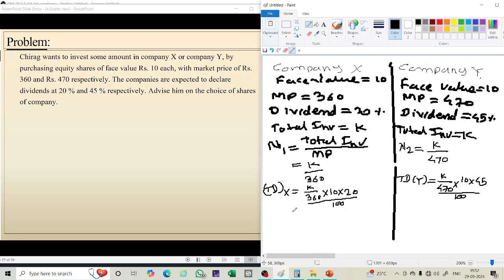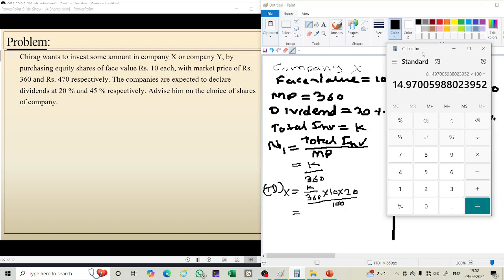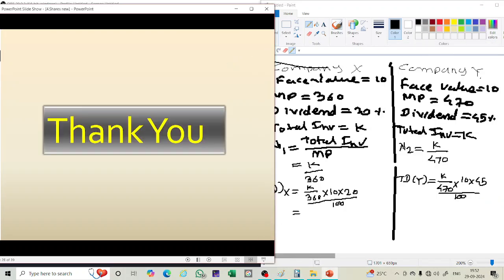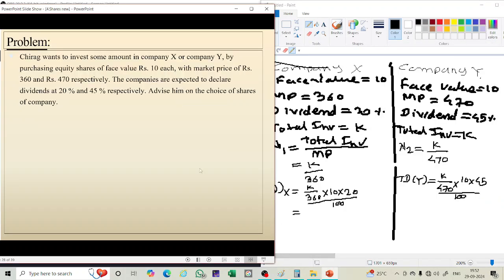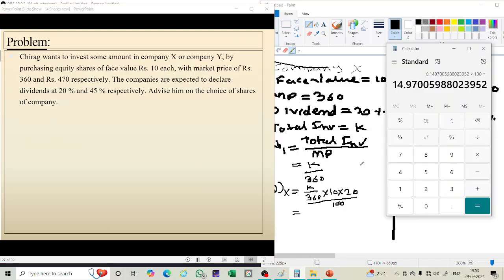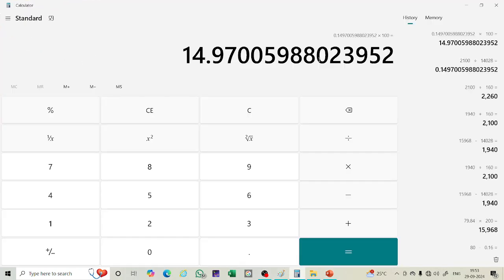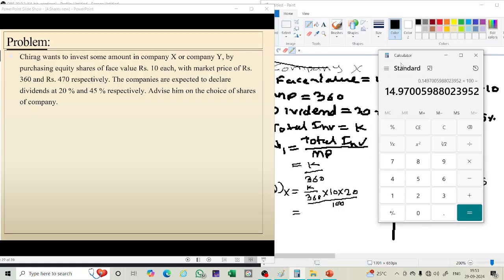Now we calculate these values by using a calculator. See here, K divided by 360.